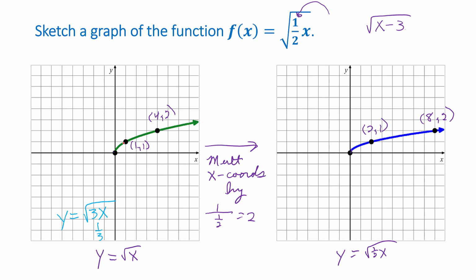Instead of the point 1, 1, we would have the point 1/3, 1. Instead of the point 4, 2, we would have the point 4/3, 2. So this is what it would look like to have a graph that is compressed in the horizontal direction. And again, this is a non-rigid transformation. The shape of our new graph is different than the shape of the original graph.